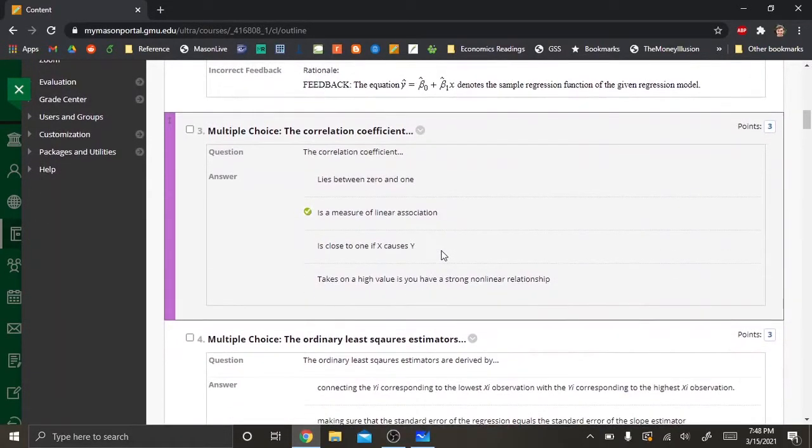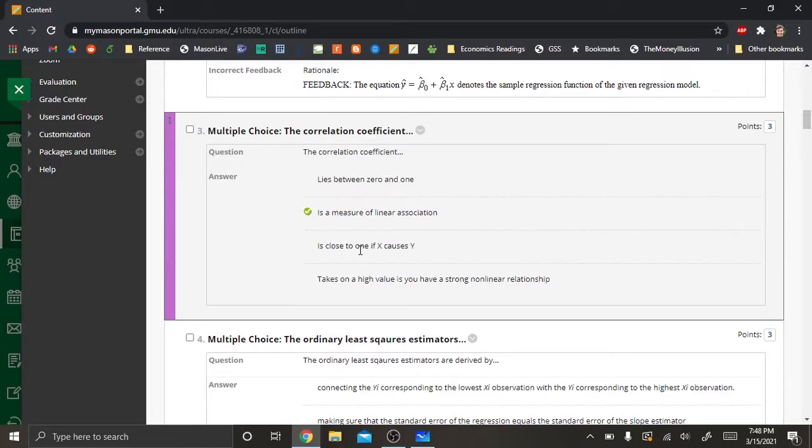All right, number 3, correlation coefficient. This is another definitional one. It doesn't lie between 0 and 1. It's not A because it actually lies between -1 and 1. It's a measure of linear association. That's just the correct answer. It has nothing to do with causality, right? We can think of lots of variables that have a high correlation coefficient but aren't causally related.